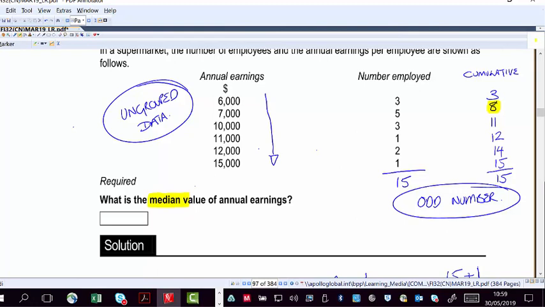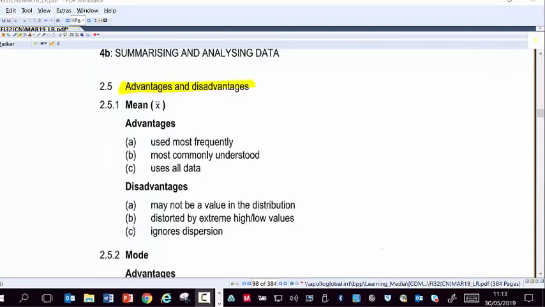We have 15 items in total, and therefore the median value of earnings, the middle value of earnings that falls at the 8th item, is 7,000. So to answer the question, we would type 7,000 into the answer box.